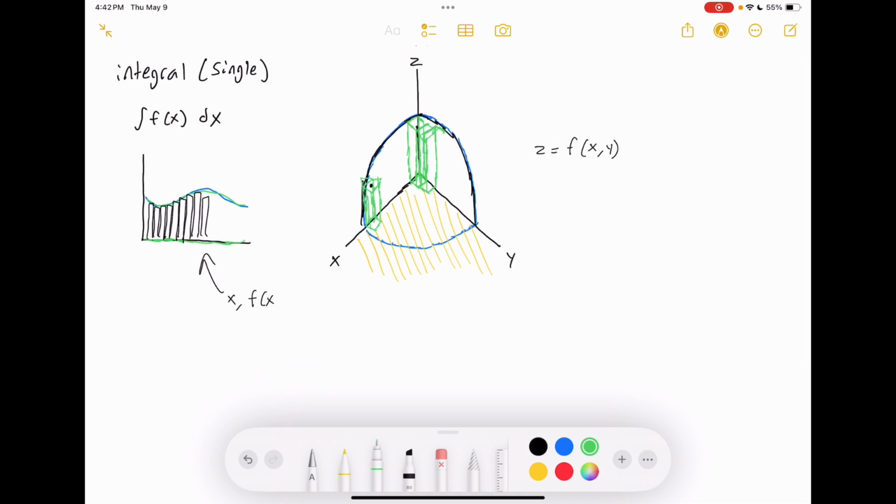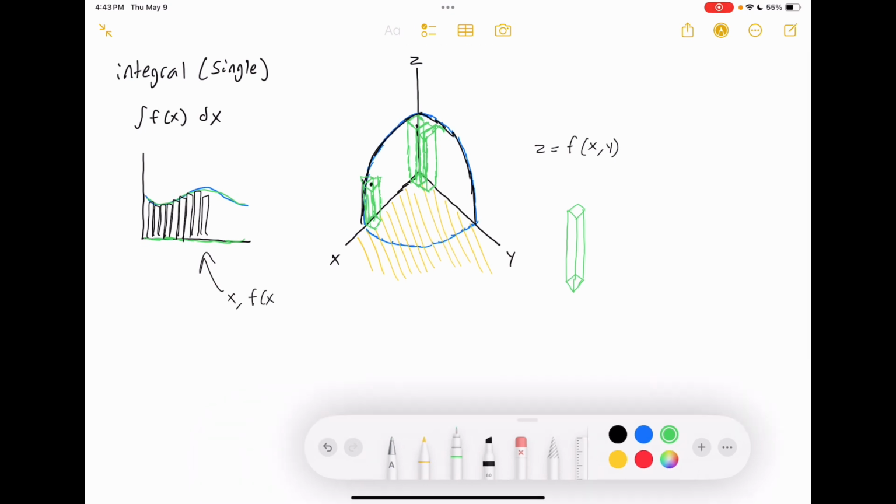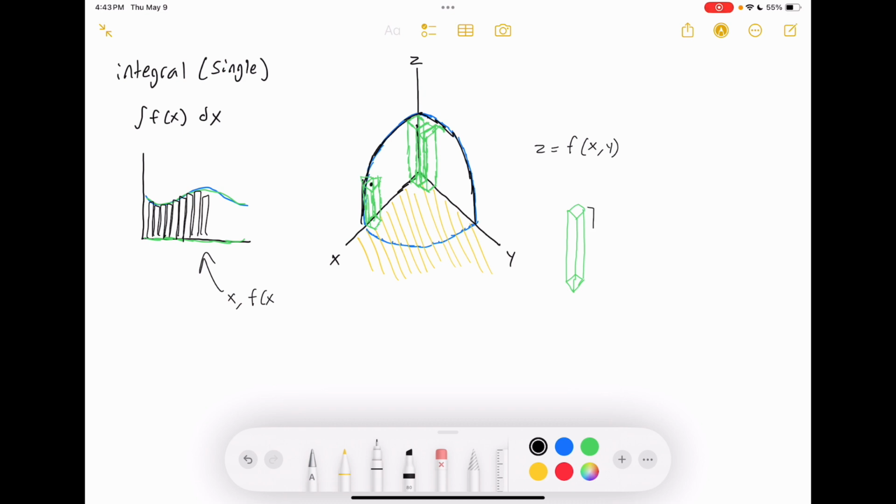And if we zoom in on one of these, I'm going to draw on the side here. If we zoom in on one little column, we're going to go with the height first. The height we know is going to be our z value, and z is just going to be f of x, y. And because it's at a specific point, we're going to call it x sub i, y sub i.